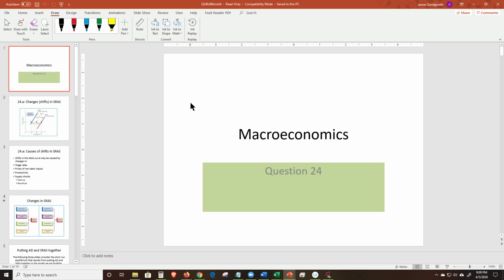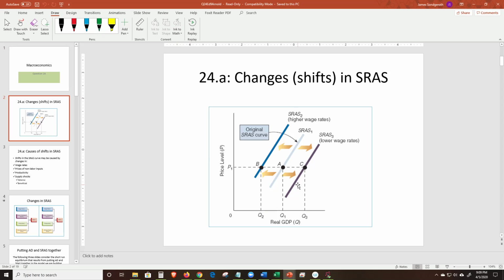And so we're looking at shifts in short run and long run. We're going to start with the short run. Again, here is an illustration of shifts. So this shift to the right, this is an increase. So let's talk about that.